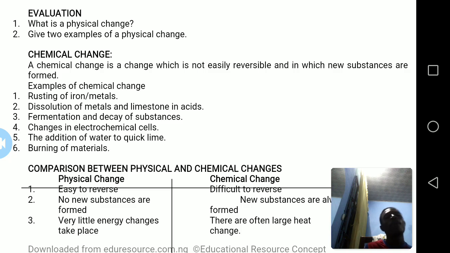When you combine compounds together, you combine certain states of matter together, then they can give you another substance entirely. We are going to look at that as we study. Examples of chemical changes are: number one, rusting of iron or metals. Rusting of iron or metal is a chemical change.